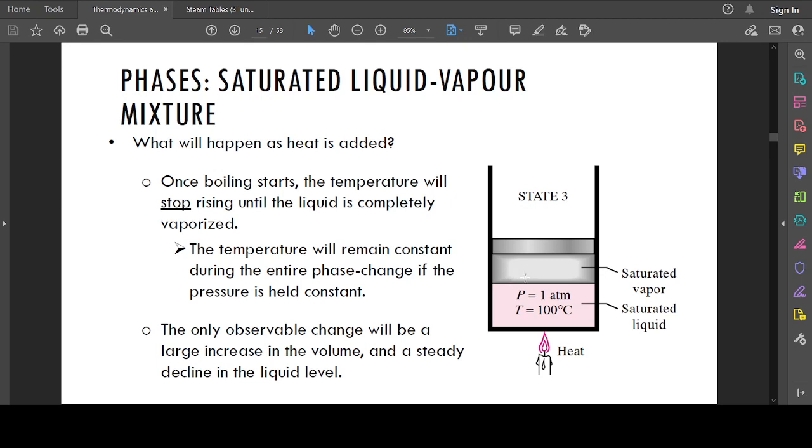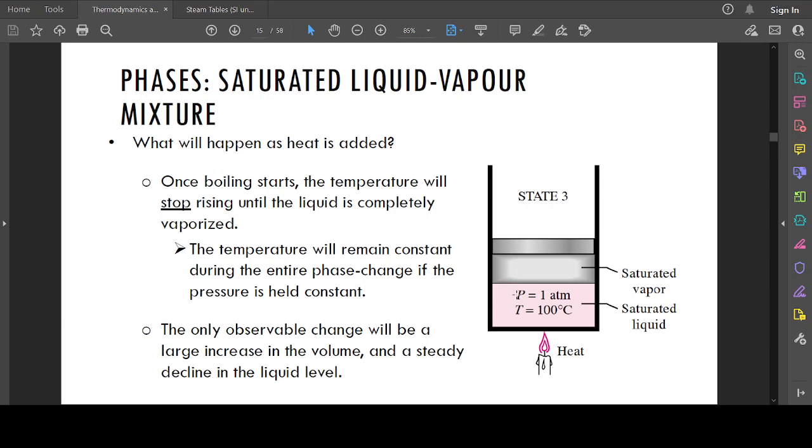Then the vapor phase is formed, but the quality of the vapor here is still low because that vapor is a saturated vapor. Some of the vapor will condense back to the liquid phase, but as it condenses back, you have a saturated liquid as well, which will also evaporate to a vapor phase.